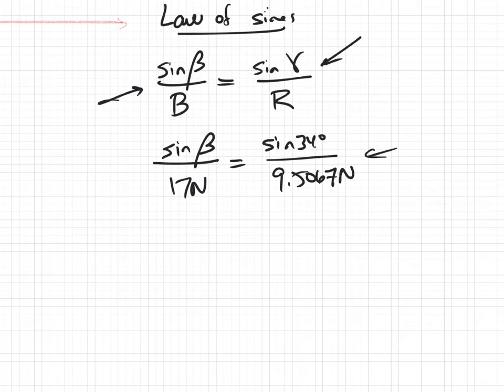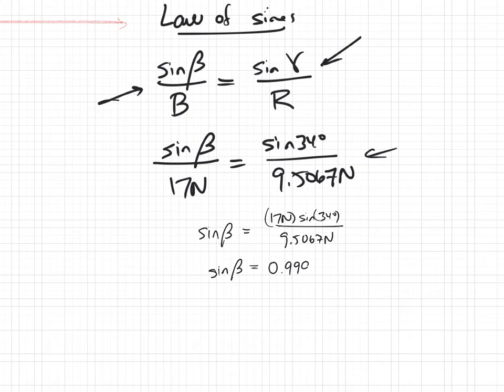So the sine of beta equals 17 newtons times the sine of 34 degrees, make sure your calculator's in degrees, over 9.5067 newtons. When I plug that into a calculator, I get the sine of beta equals 0.99996, which is a horrible number.